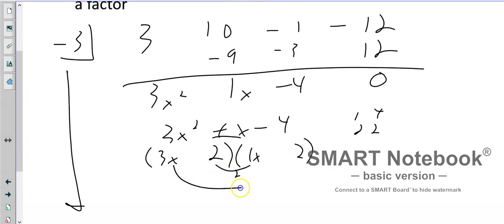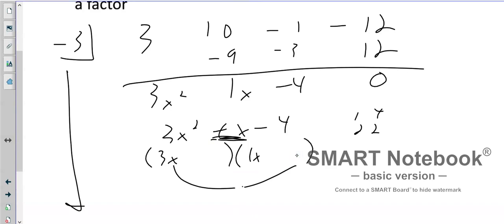This is 2. This is 6. 6 minus 2 is 4. All right. I want more. I want 1 left over. 6 minus 2 is 4. That does not give me 1 left over. So I try again.